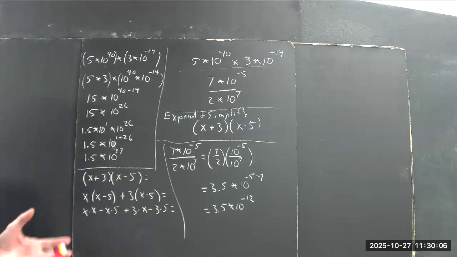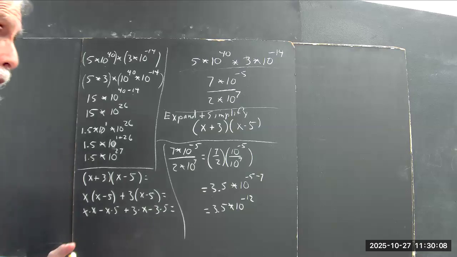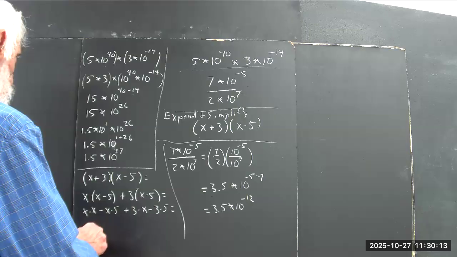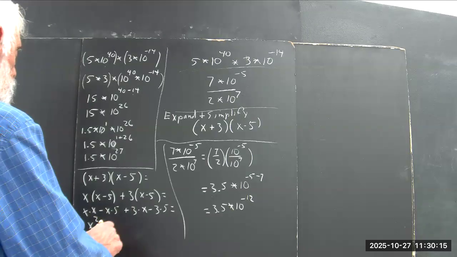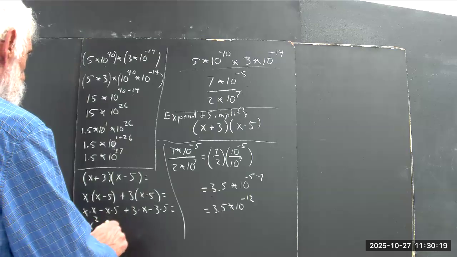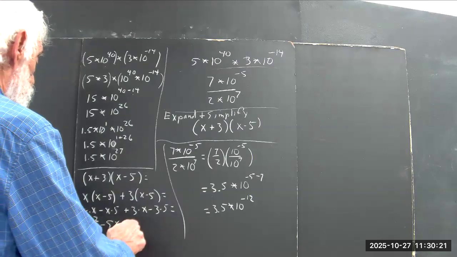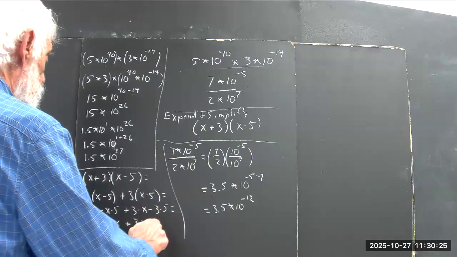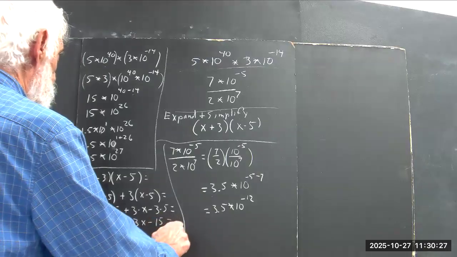It takes a little longer, but it sinks in a whole lot better and a whole lot more quickly. Well, then x times x is x squared. And minus x times 5, well, I'm going to take the whole step, right? That is minus 5x. And 3 times x is 3x minus 15.